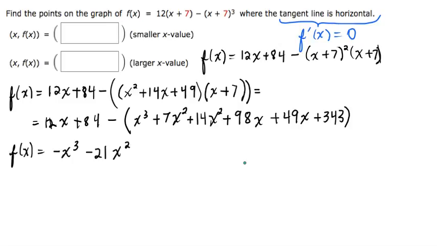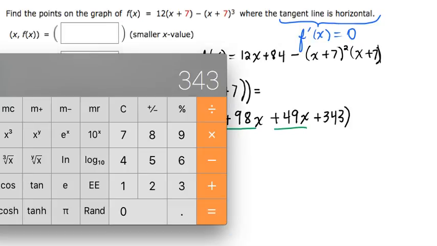Okay, then we have several x terms. We've got negative 98x minus 49x and a positive 12x. Let's do that on a calculator. So 98 plus 49 first. And I'm going to make that negative, and then I'm going to add the 12 from the 12x.